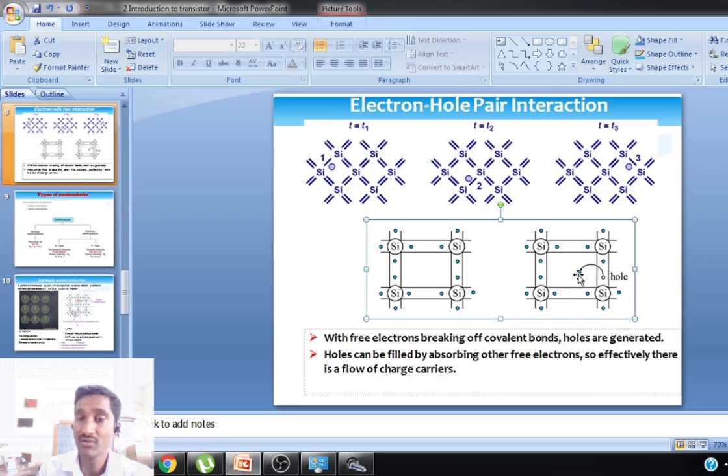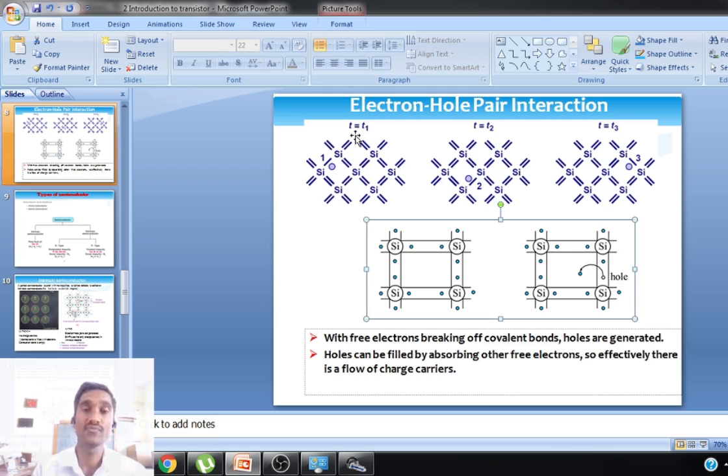If this electron goes back into this hole, the electron vanishes, and again there is an electron here. But if there is a lack of an electron in this covalent bond, this lack of electron is the hole. Actually there is no real concept of a hole, but it is a word that shows there is a deficiency or lack of an electron.